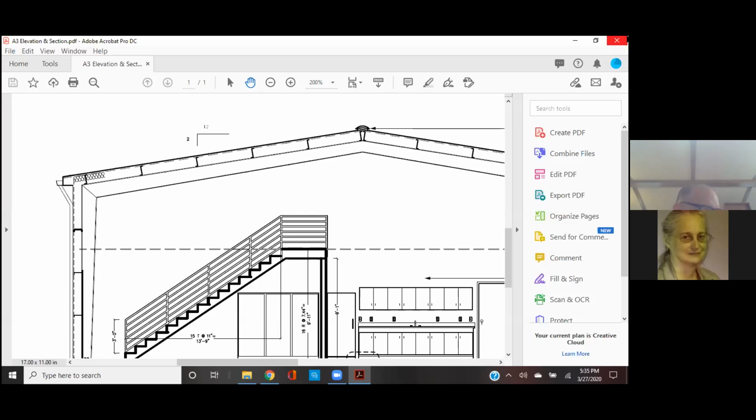Okay, so that 14 foot, 11 inches is irrelevant really, because all we were really after is what the total height was. We were after the difference, going from the top of the wall right at the peak.